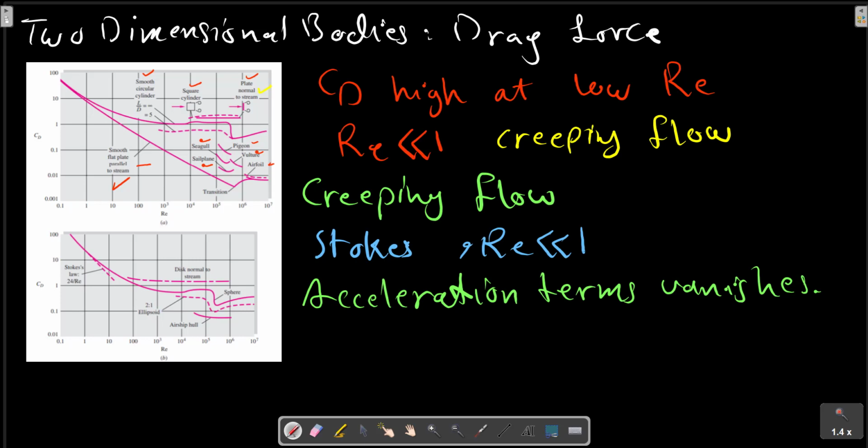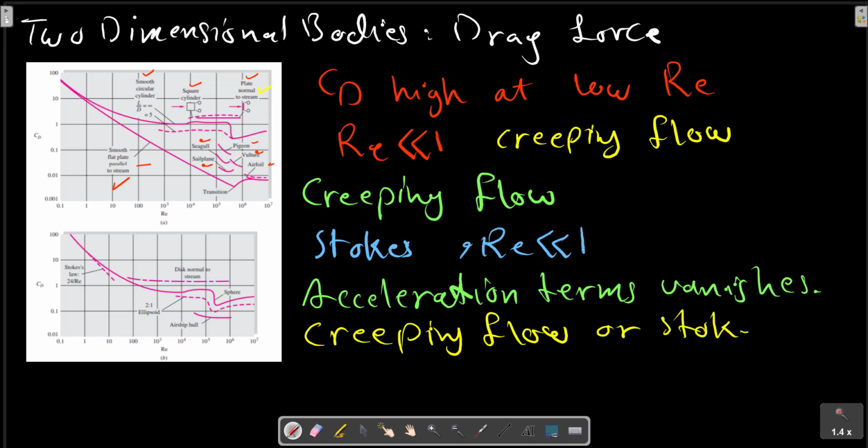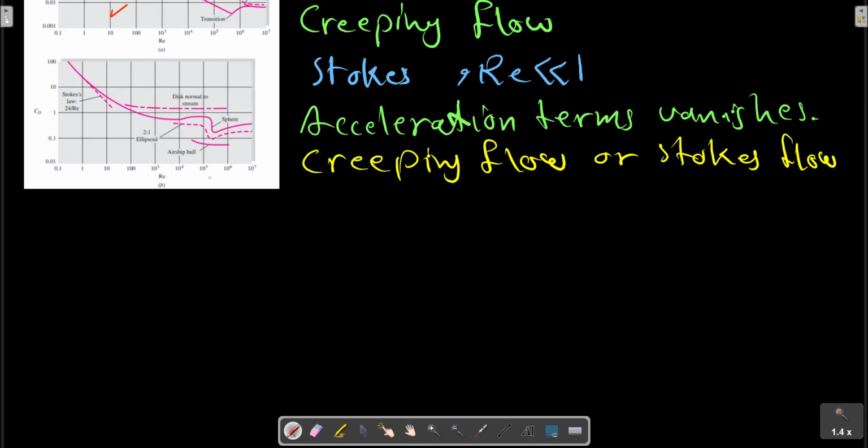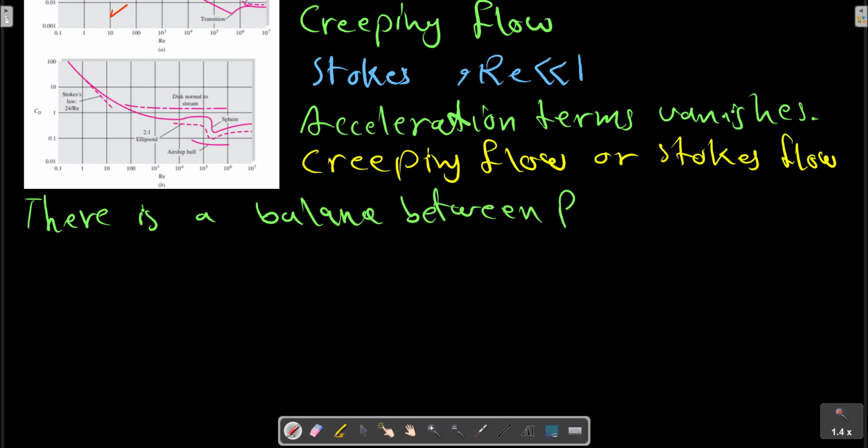The flow is termed creeping flow, or Stokes flow, and is a balance between the pressure gradient and viscous stress.